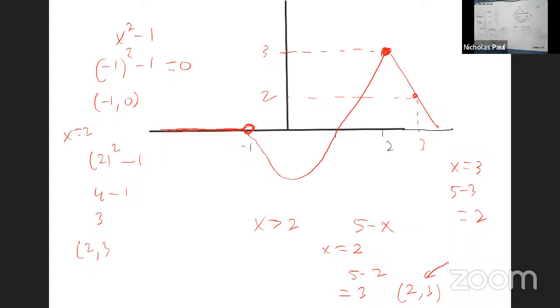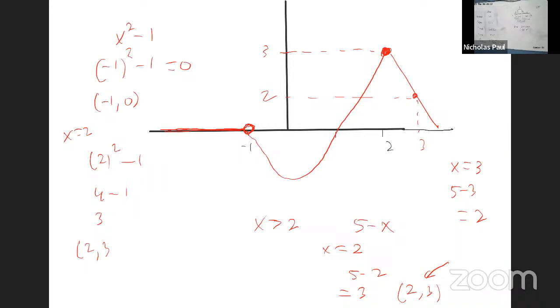Check out the continuity at x is minus 1 and x is 2. Did the first one already, right?